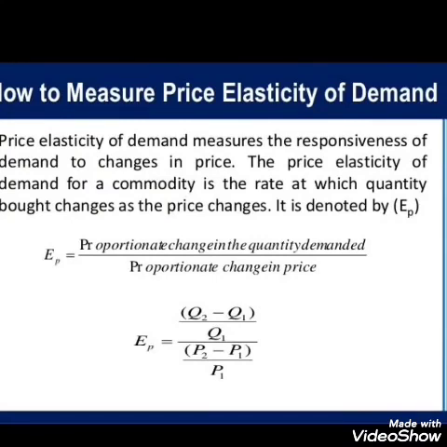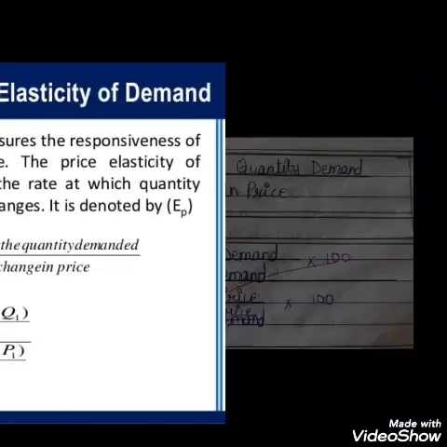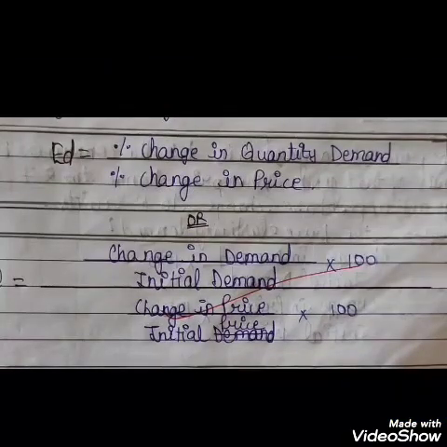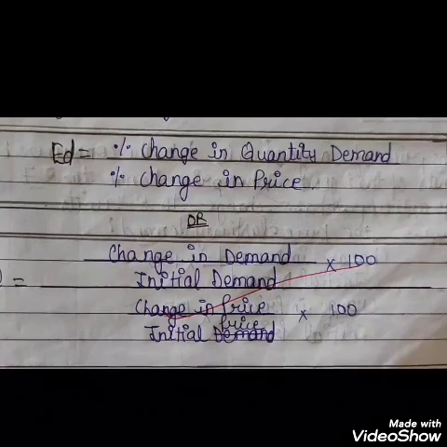According to this method, taking commodity X, elasticity of demand can be measured as the ratio between the percent change in quantity demanded and the percent change in price of a commodity. The elasticity of demand is represented as ED. The formula is ED equals percent change in quantity demanded divided by percent change in price.